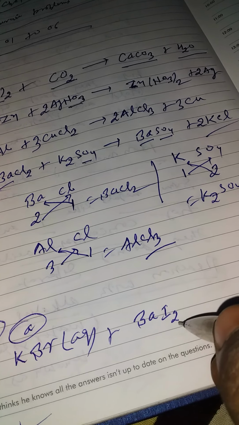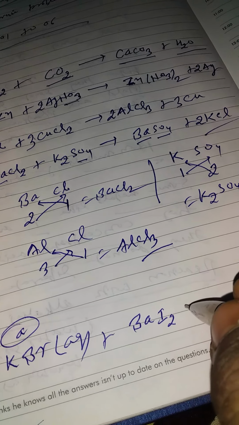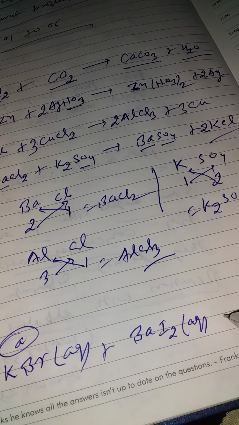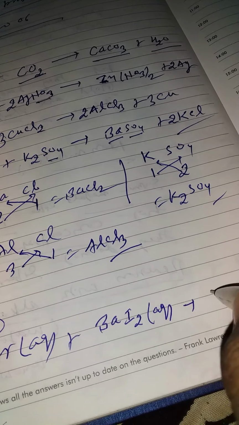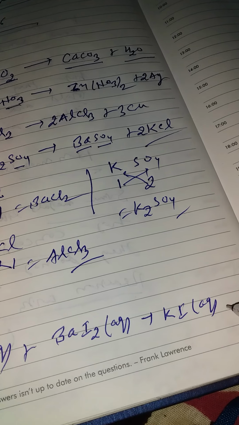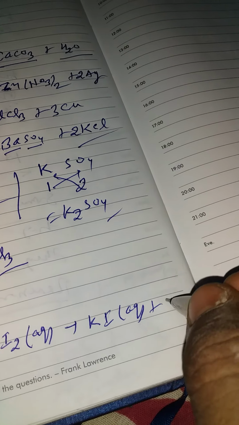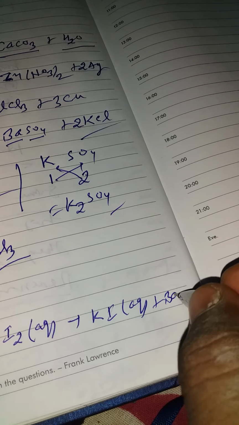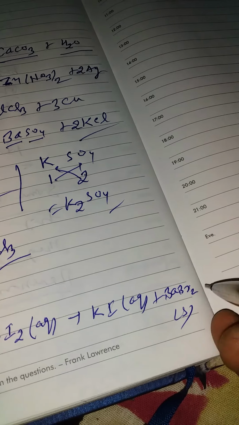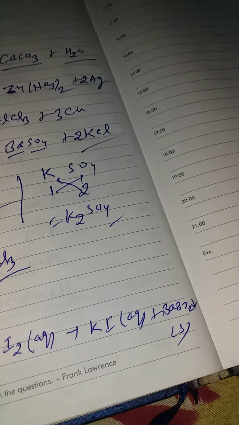So formula BaI2, in the form of aqueous, it forms potassium iodide, KI, aqueous, plus barium bromide, BaBr2, in the form of solid, that is precipitate form, downward arrow.